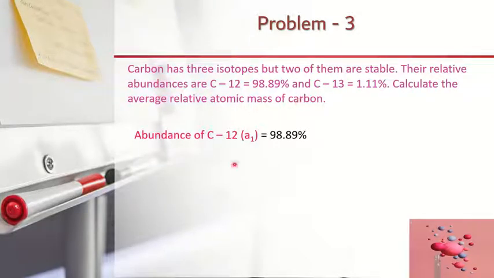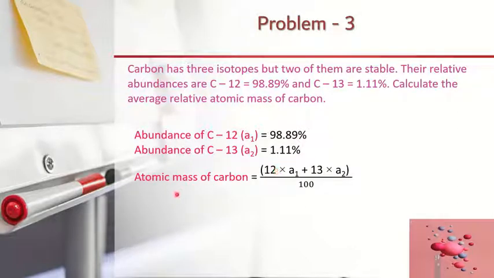Here the abundance of carbon 12 is 98.89% and the abundance of carbon 13 is 1.11%. And the atomic mass of carbon is the mass number of an isotope into its abundance plus the mass number of another isotope into its abundance, divided by 100.